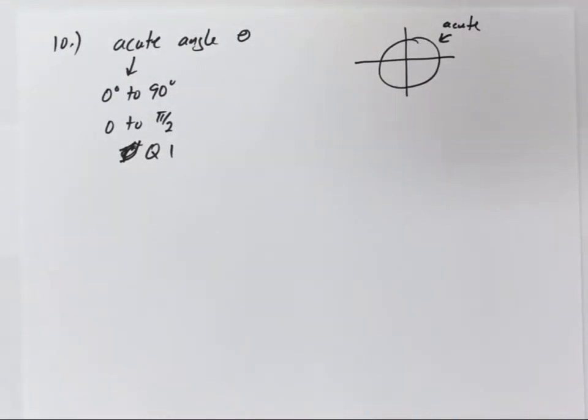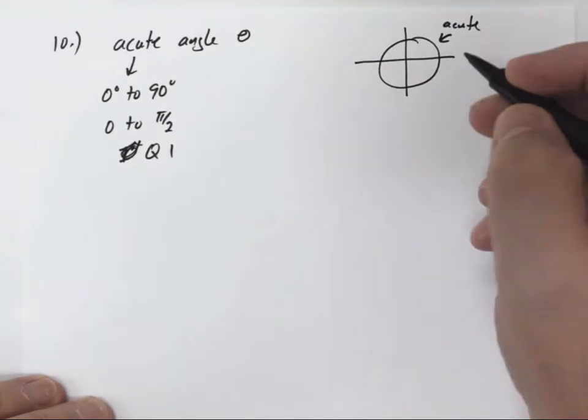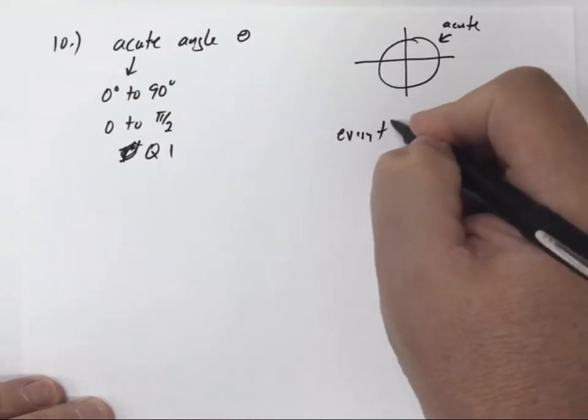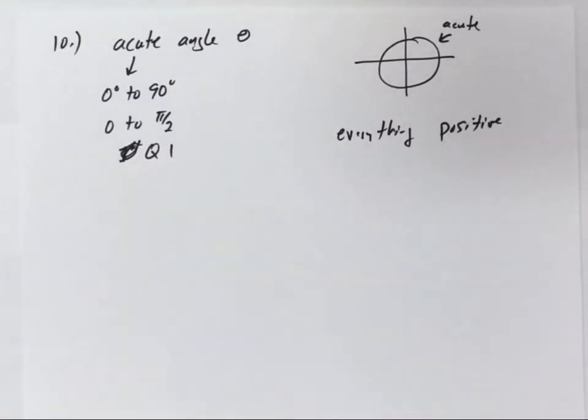That becomes important because in a minute when we go figure out our trig functions, the very last thing we do for all the trig functions is to decide whether the number is a positive or a negative number. That is determined by which quadrant we are in. Since we're in quadrant 1, since that's the acute angle, we know all of our answers are going to be positive. All the trig functions are positive in quadrant 1. All right, so that's settled.